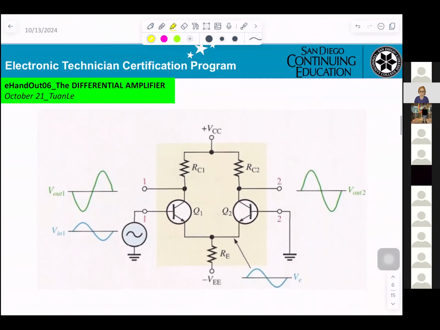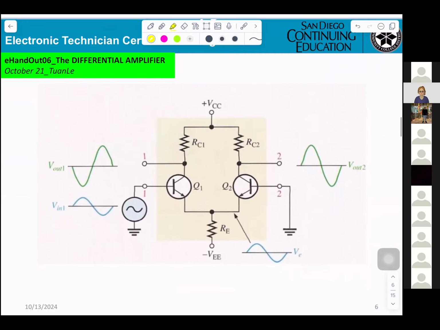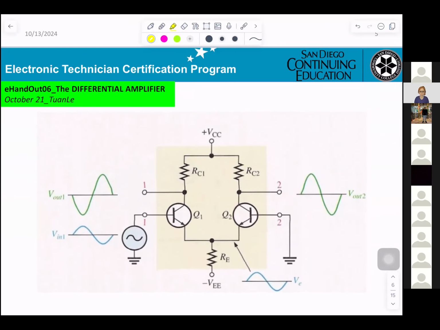Okay, now you see. So they just repeat it. This is the sideways view. Apply to Q1, Q2 grounded at the base.